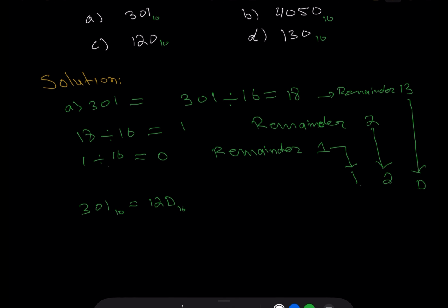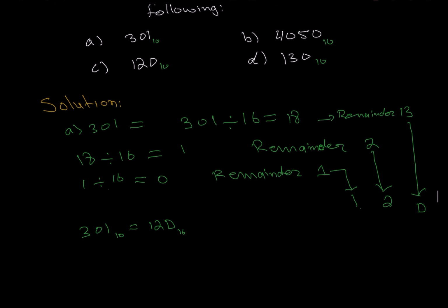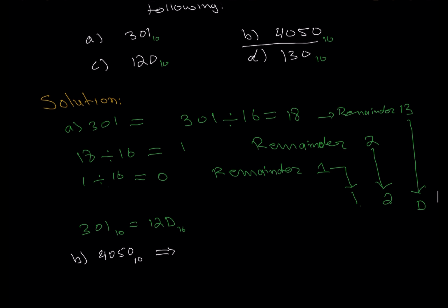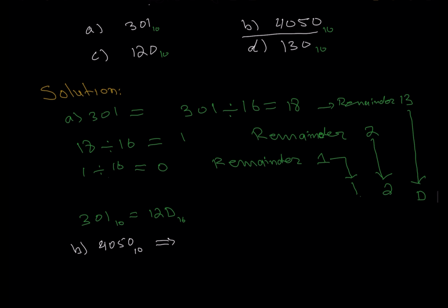Let me do B. So B is 4050, base 10. Convert that to a hexadecimal number. These are decimal, and we've got to find the hexadecimal number.